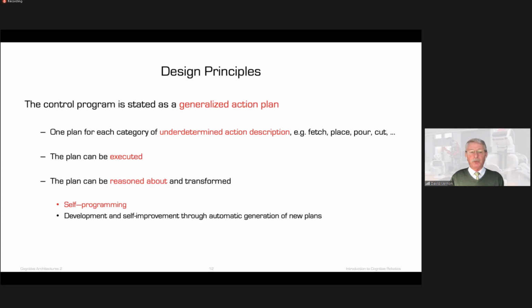But because of the way that the plan is formulated in CRAM, specifically as a first-class object in a predicate logic, a first order logic, it means that the plan itself can be viewed as data. It's both program and data, and therefore it can be reasoned about. And therefore it can be transformed, and that means it can be improved.